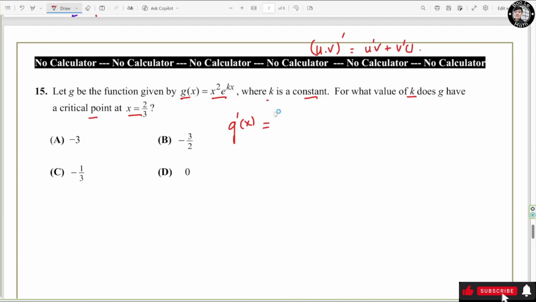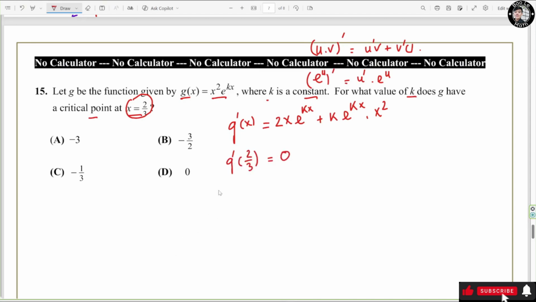So it's going to be 2s times e to the ks plus e to the ks. So we have e to the u, which is u prime times e to the u. So this one turns out to be k times e to the ks times s squared. Now since the function g has a critical point at s equals 2 over 3, which means g prime of 2 over 3 must be equal to 0.